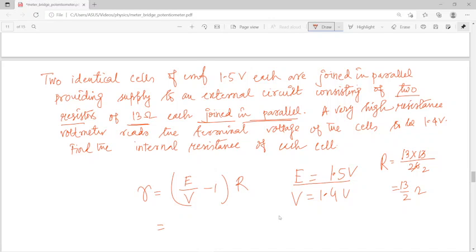You just put the value: 1.5 by 1.4 minus 1, and this is nothing but 13 by 2.